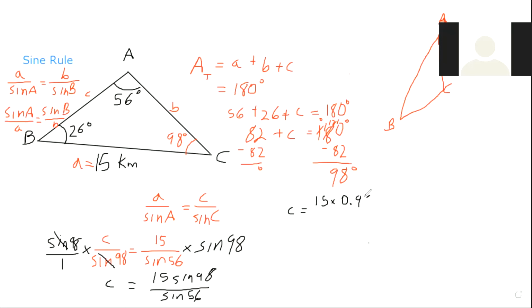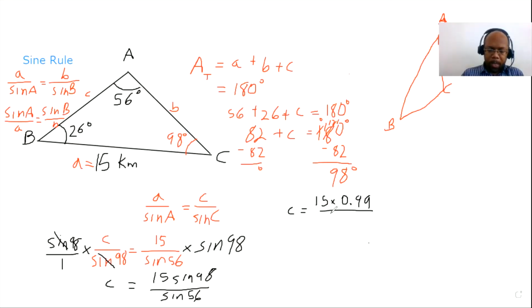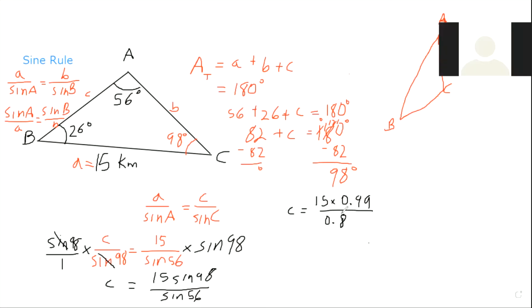Yeah, 0.99. Okay. Over sine of 56. We had 0.829.